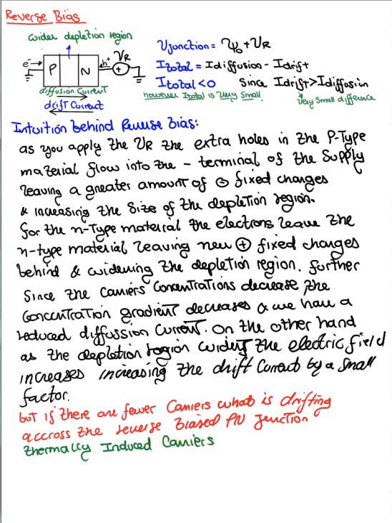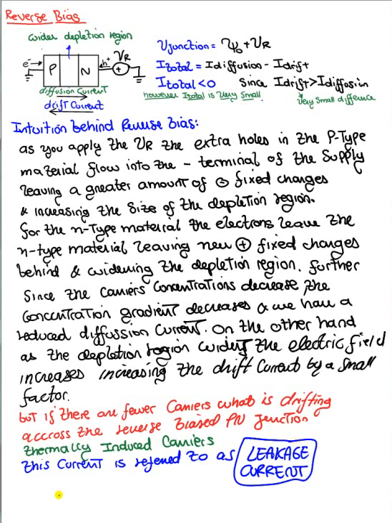This current, and this will lead us into our next topic, is what is called the leakage current. And in most cases, it's a non-ideal effect of diodes, something that we don't want.